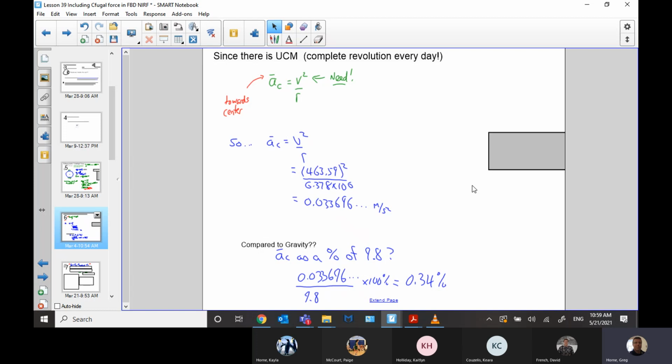So the acceleration you're experiencing is 0.34% that of gravity. I suspect that might be bigger than you might have guessed. I think most average people might think it's 0.000 something percent of gravity, because you don't tend to notice it, right? But it's actually a percentage of gravity that's measurable, 0.34%.